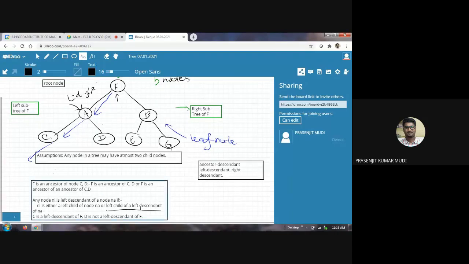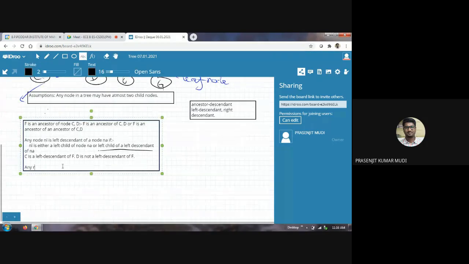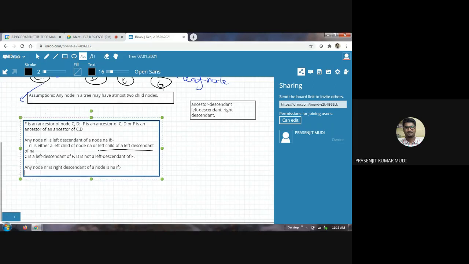In a similar manner, any node NR is a right descendant of a node NA if NR is either a right child of node NA or a right child of a right descendant of NA.